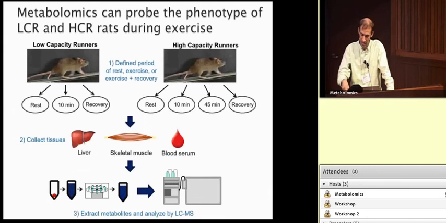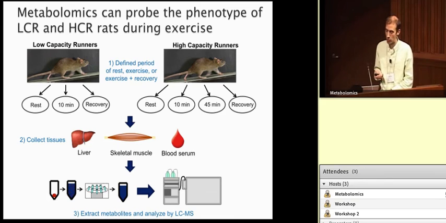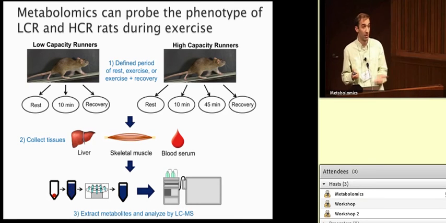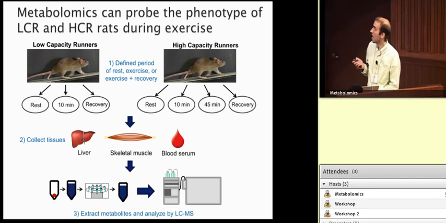So we wanted to look at that in a metabolomics context, and we began with a targeted metabolomics workflow. So what we did was we took the animals and we ran them on a treadmill, or we let them rest, and we collected their tissues using the strategy that I described in my previous talk. We did that at rest, after 10 minutes of exercise, and then again at recovery. And then we did the same thing with the low capacity running rats.